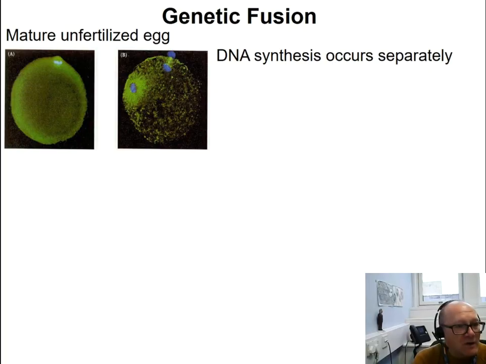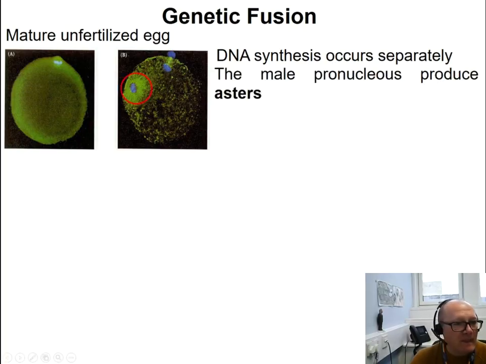So you can see that only after fertilization, this egg finishes meiosis. In fact, only after fertilization, we have the final step of meiosis with the formation of the extra polar body.